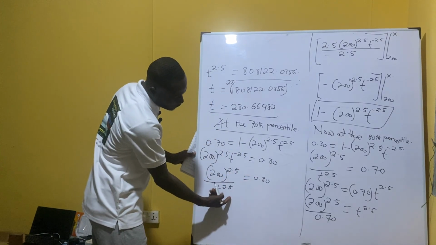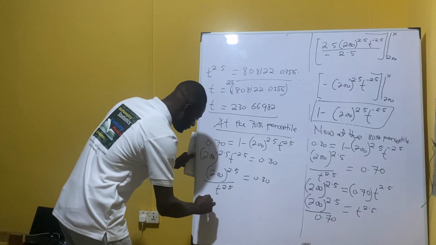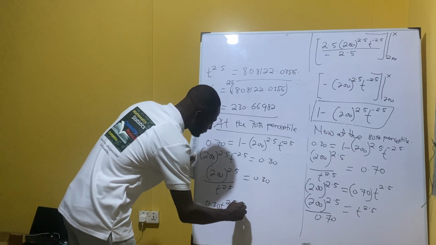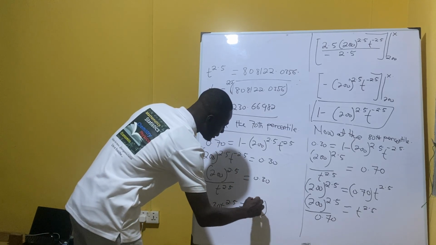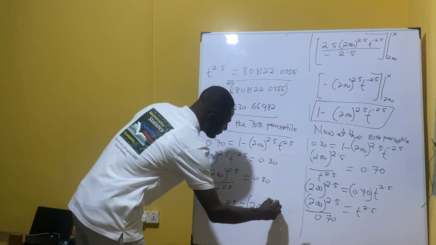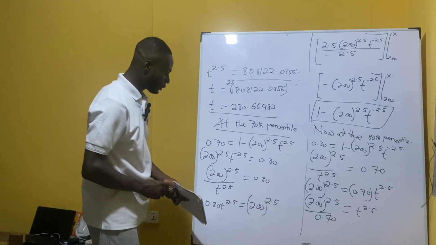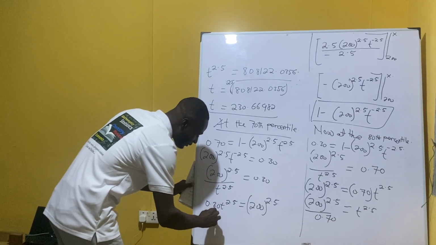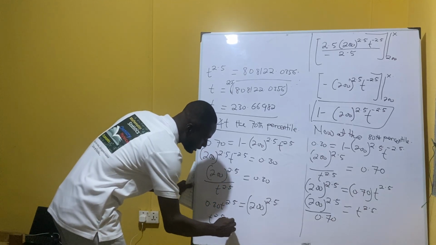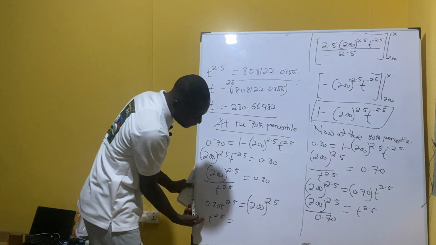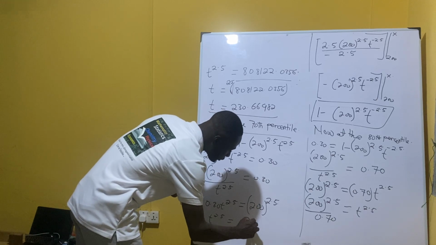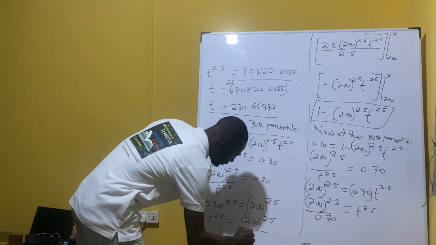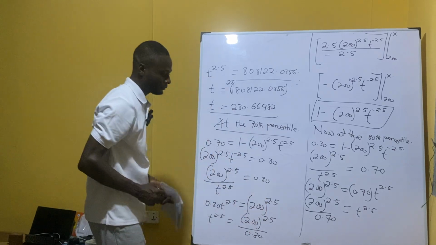Now when we cross multiply, we have 0.3 t power 2.5 should be equal to 200 power 2.5. Here again, we divide through by 0.3, and now we have t power 2.5 should be equal to 200 power 2.5 all over 0.3.